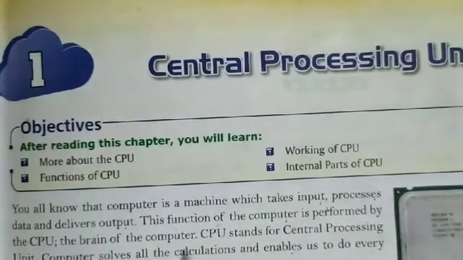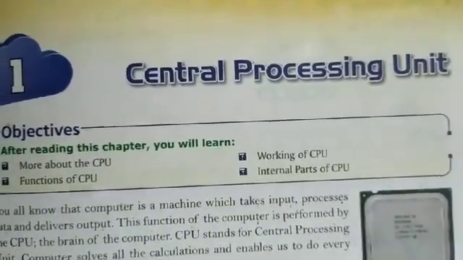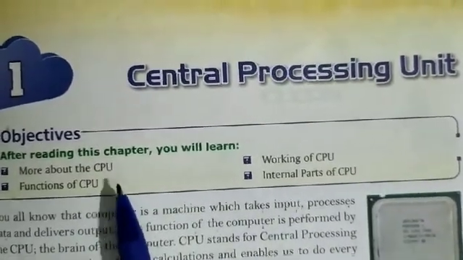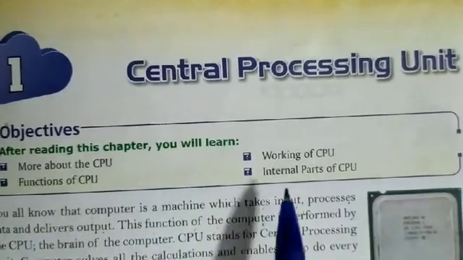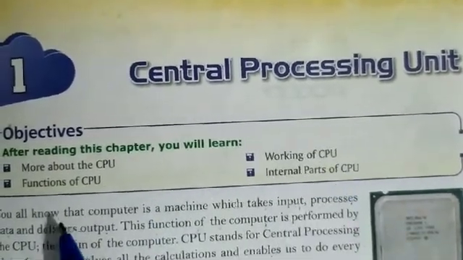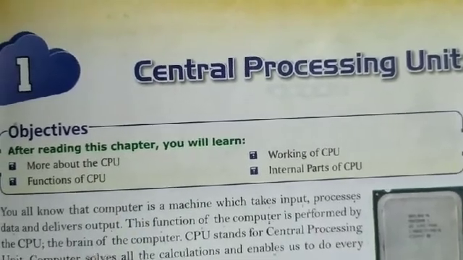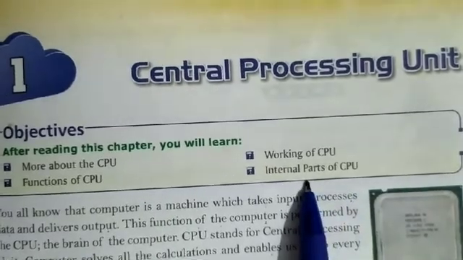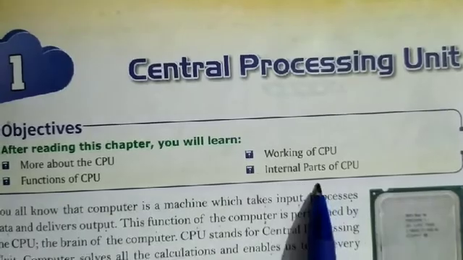Lesson number 1, Central Processing Unit. In this chapter, we have covered topics about CPU. We have discussed what is CPU, the working of CPU, and the functions of CPU, and in our previous video I explained the internal parts of CPU. I told you that there are 3 parts of CPU.